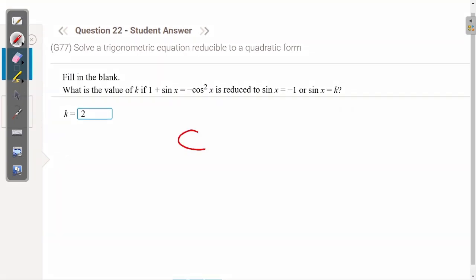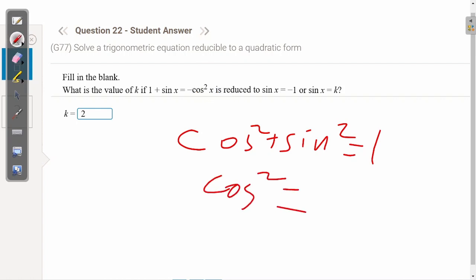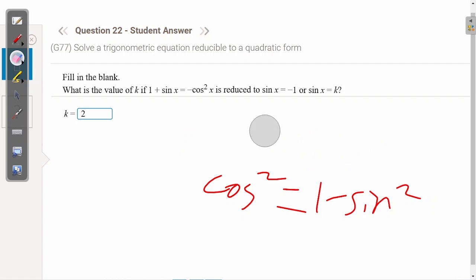Okay, this one again, cosine squared plus sine squared equals 1. You have cosine squared here, so you're going to substitute that. Cosine squared equals 1 minus sine squared. Now we can substitute, but first I'll move all this to this side.